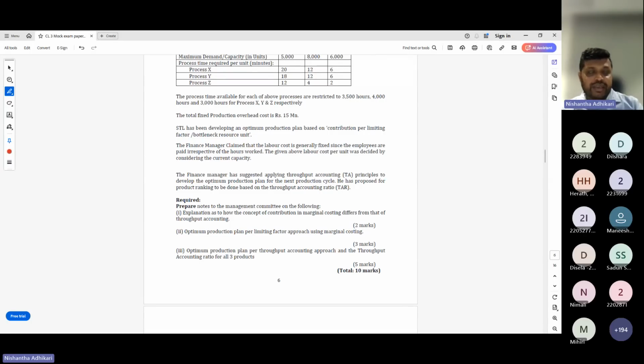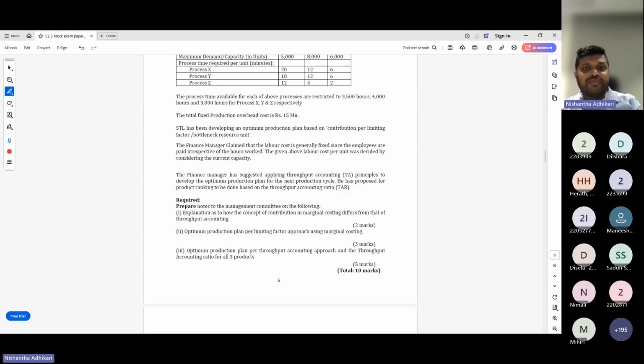So the marginal costing approach is selling price minus variable cost. But throughput accounting is selling price minus direct material cost only. Right? You have to explain like that. Therefore, the contribution as per marginal costing will be lower than contribution as per throughput accounting. Right? That is 2 marks.